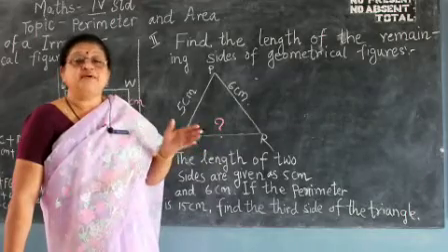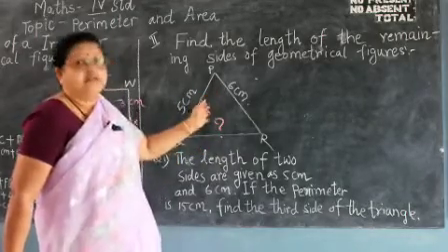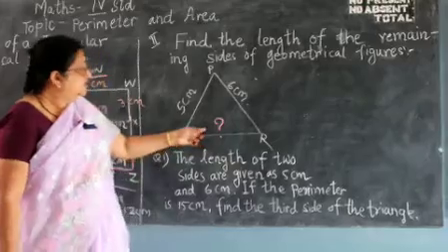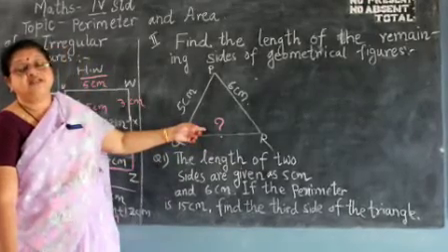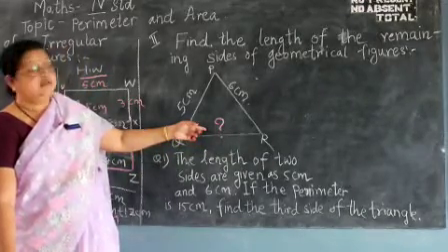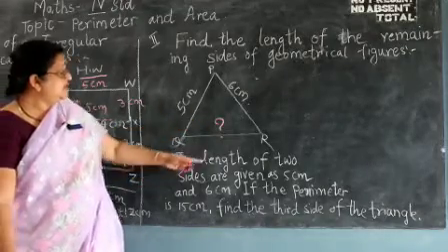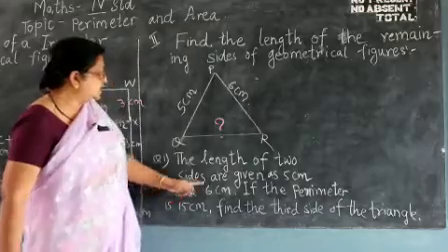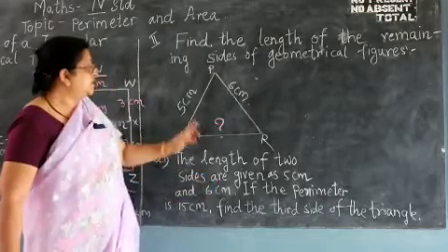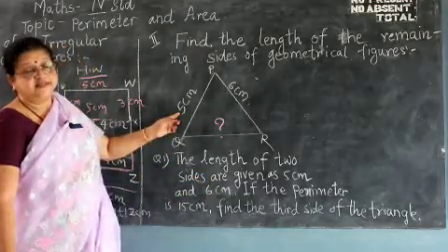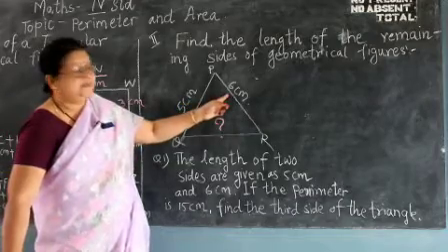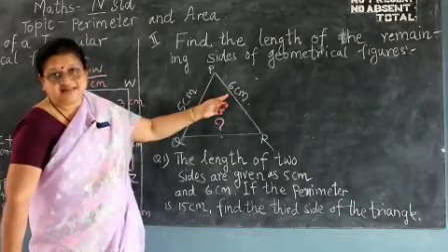But today how will you find for a triangle the third side of the triangle? It's very simple, children. See, the question is the length of two sides are given. That is, it is given as 5 centimeter, and one side PR is given as 6 centimeter.